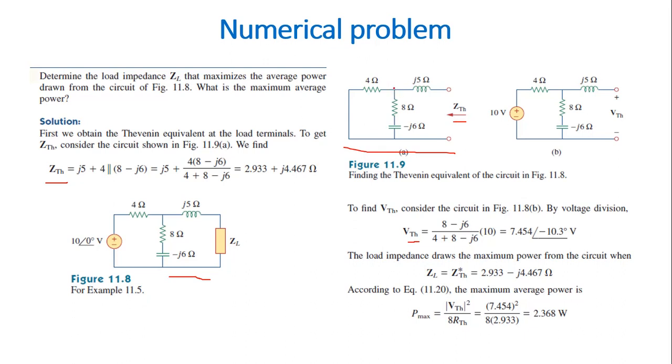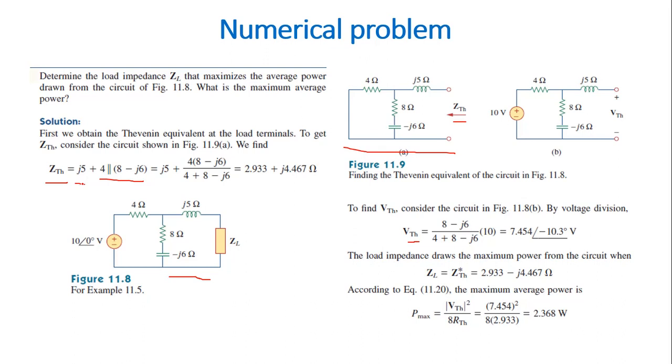Here we can see that this 4 ohm and this 8 minus j6 ohm are in parallel. So 4 ohm is parallel with 8 minus j6, and the total equivalent is in series with j5.